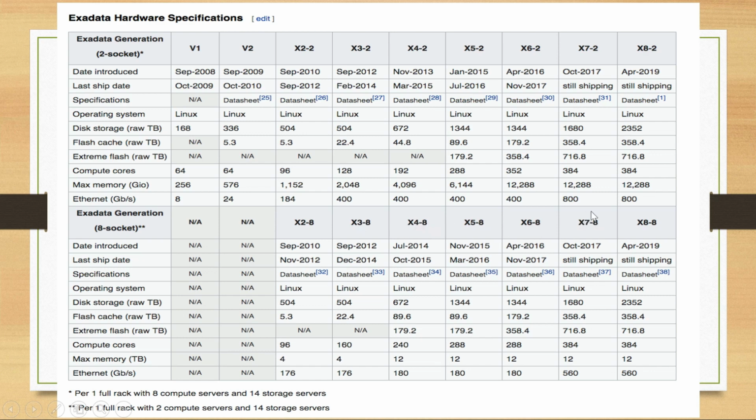So this is X7-8 and X7-2, 8 socket and 2 socket. That's the only difference, the number of DB nodes. Other than that, all the sizes, storage and IB switches are the same in case of 8 socket or 2 socket.